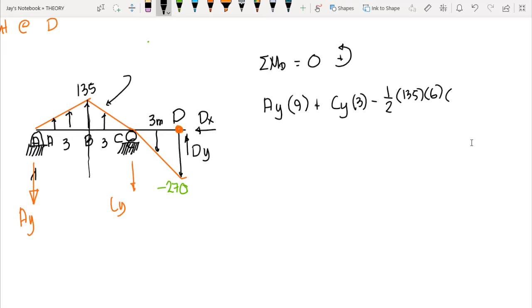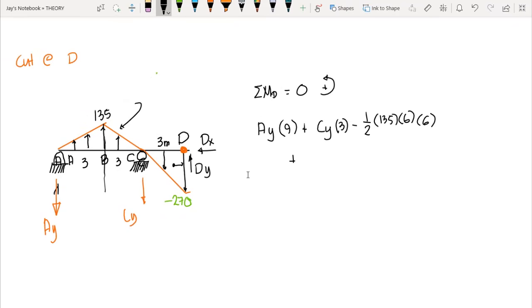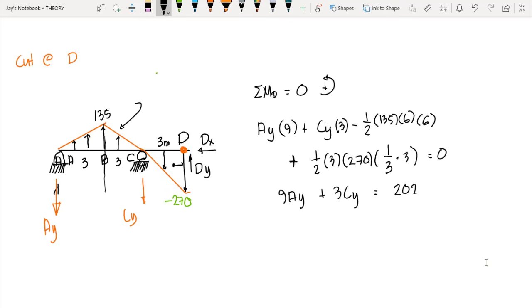That would give us the moment arm from D. We have a 6. Then we add the moment due to this load. We have 1/2 of 3 times 270, then the moment arm times 1/3 of 3. Now take note, this is positive because this load here generates counterclockwise moment with respect to D. And this equals 0. So we have 9AY plus 3CY equal to 2025. So this is our first equation.